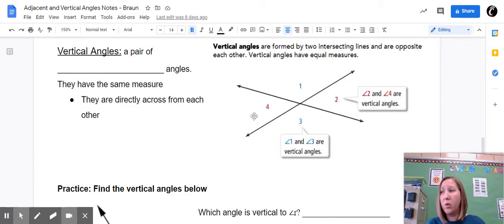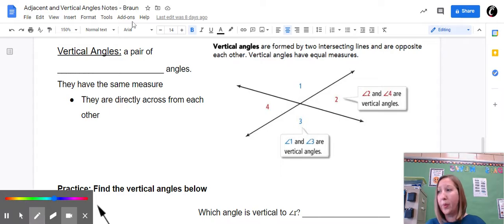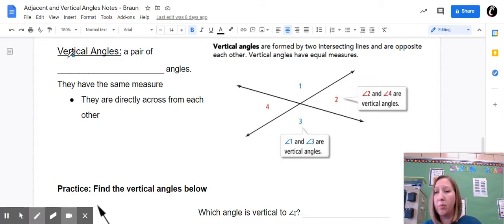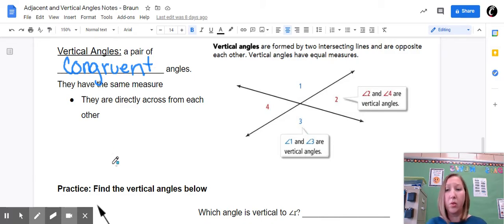So basically vertical angles, they are a pair of congruent angles. And remember what congruent means. Congruent just means that they have the same measure. So another thing about vertical angles is they are directly across from each other.